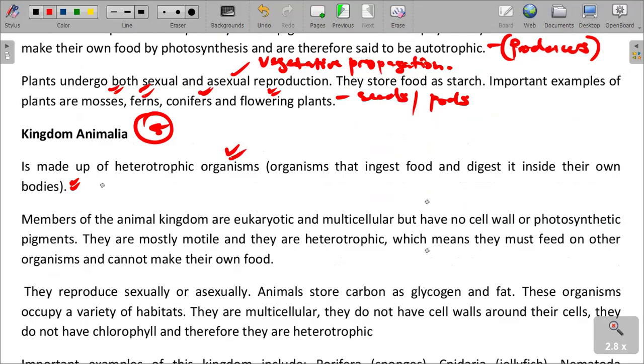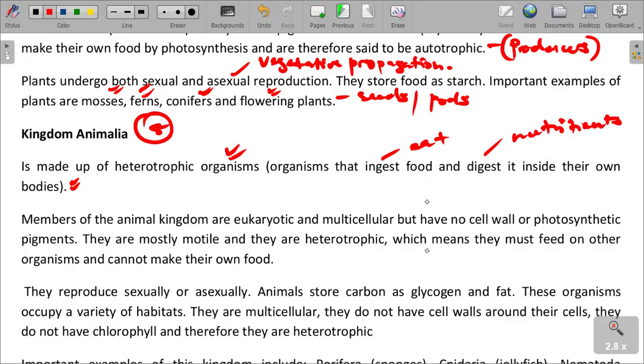They absorb nutrients because of food intake. Food is ingested, food is eaten. They eat food and digest it in order to have the nutrients. For nutrients to be released, the food must be digested.